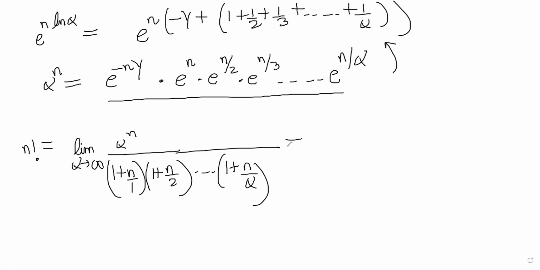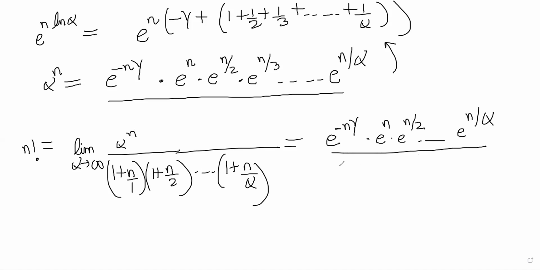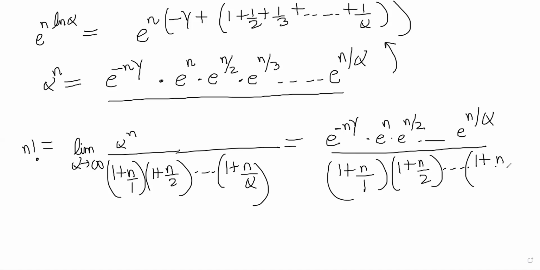This was the expression we had earlier, and now we replace alpha power n with what we have derived using the gamma constant, and we get e power minus n gamma, e power n by 2, and so on till e power n by alpha divided by 1 plus n by 1, 1 plus n by 2, and so on till 1 plus n by alpha, right? And we have the limit as n tends to infinity, alpha tends to infinity, right?